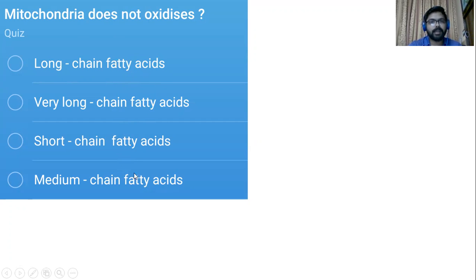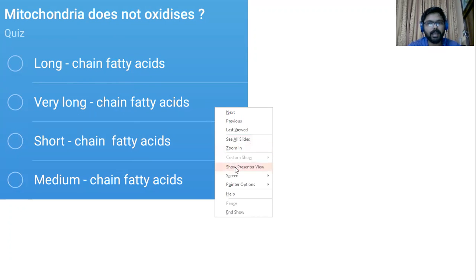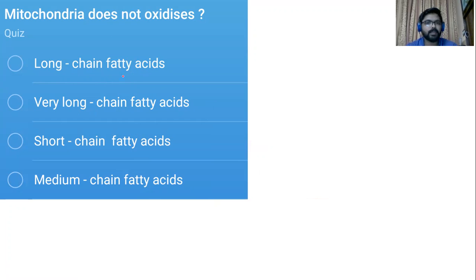1 to 3 fatty acid categories here, but it does not oxidize as a single category. So the answer is simply the very long chain fatty acids. The mitochondria does not oxidize very long chain fatty acids.